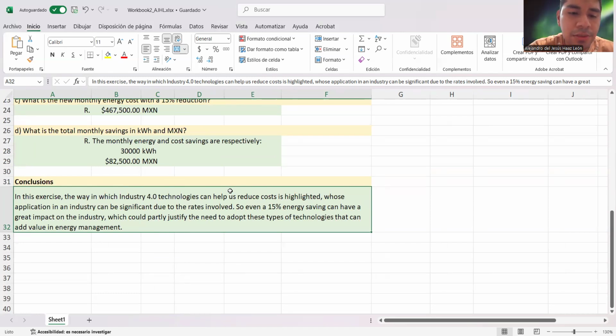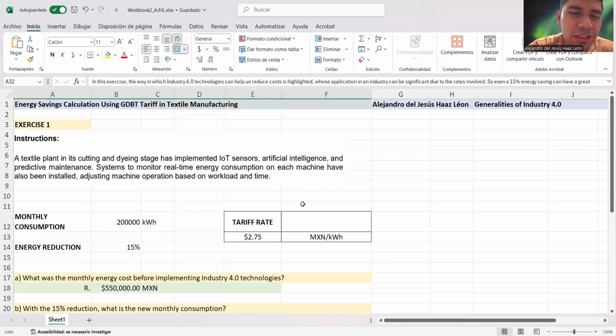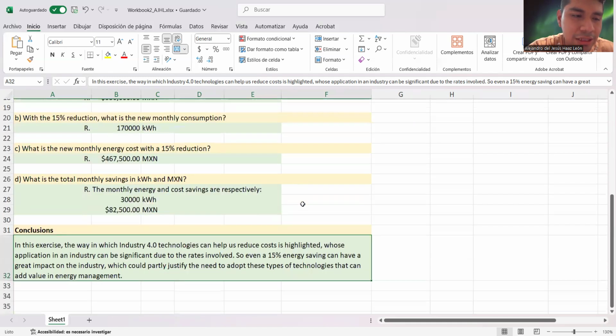But there are some disadvantages because we are not talking about the cost of those technologies that we are implementing in this exercise.